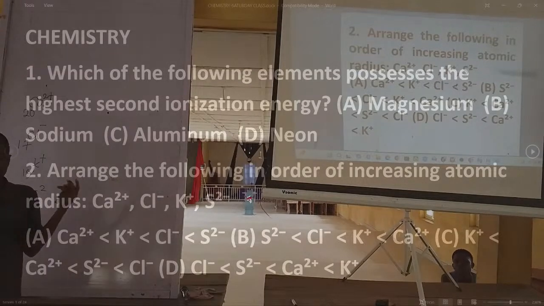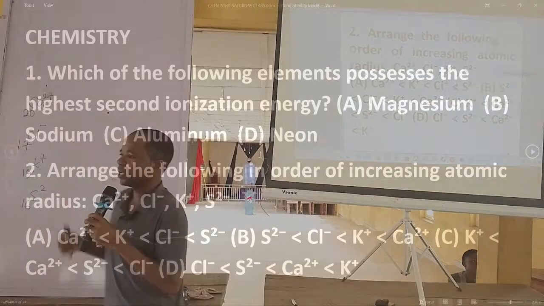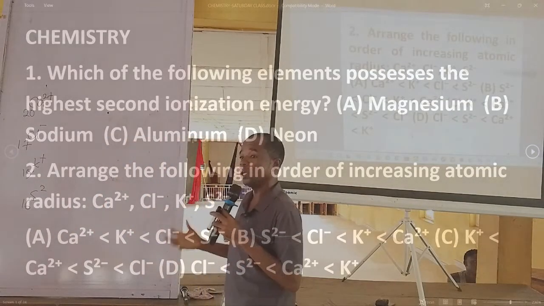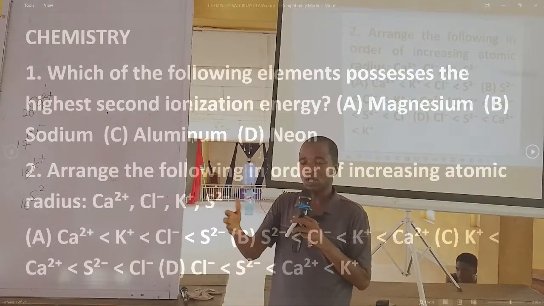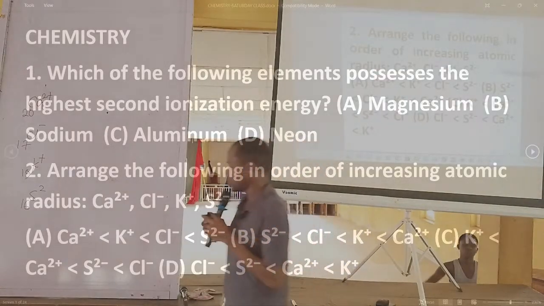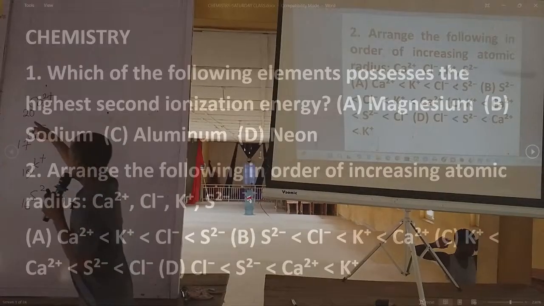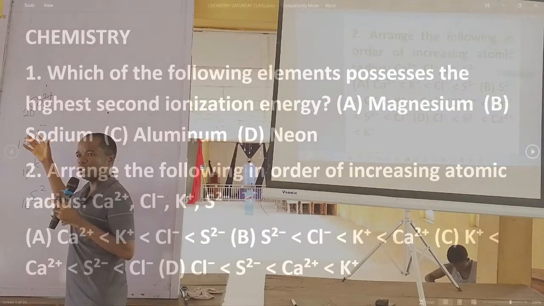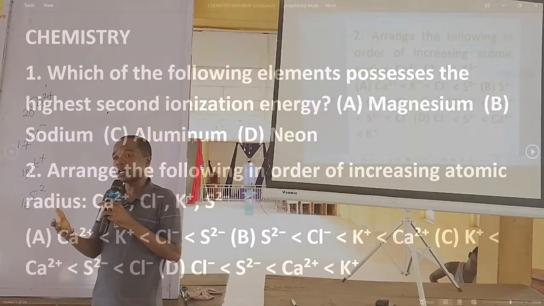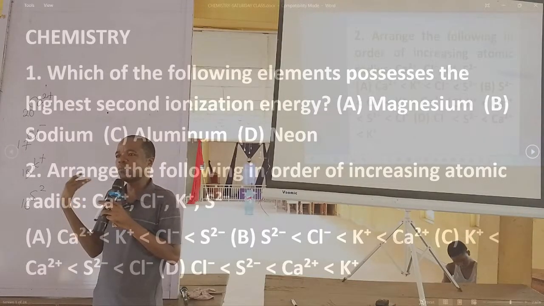If you look at the 4 of them, you will realize that all of them are isoelectronic. When we say isoelectronic in chemistry, iso means equal number of electrons. How do we know? Here, this represents the number of protons in the atom. And don't forget, the number of protons in an atom is also called the atomic number.